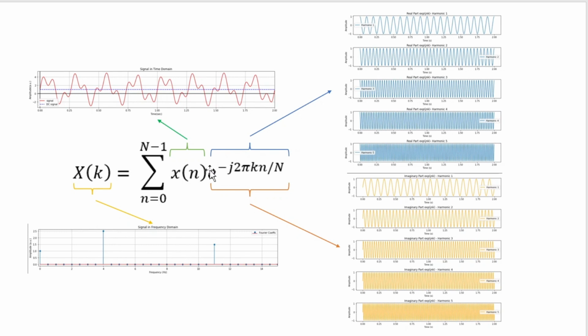Now comes two parts. One is this x[n]. x[n] is nothing but the original signal, and we are trying to figure out in this original signal what the frequency components and the DC components are. And how we are doing it is by using two operations. One is that we are multiplying this signal with this complex exponential, and then we are using this sum part.